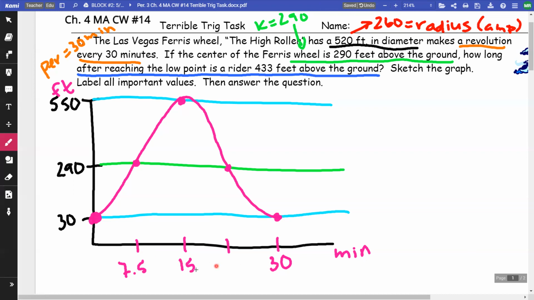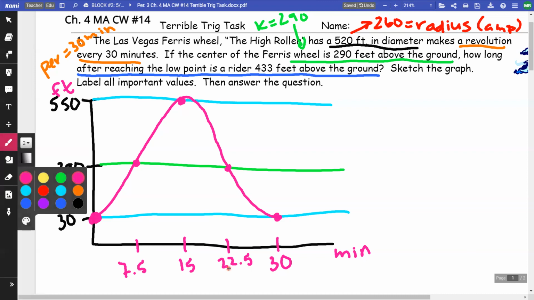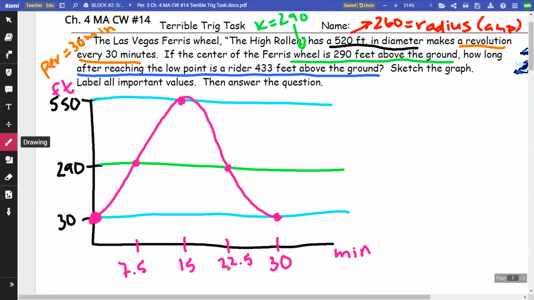Average 15 and 30, so 45 divided by 2 is going to give me 22.5. And that's my graph. Now, in purple here, let's just say 433 is here. I'm not drawing it to scale. I'm going to be trying to figure out that X. What is that X?